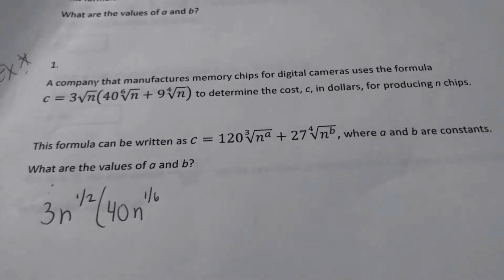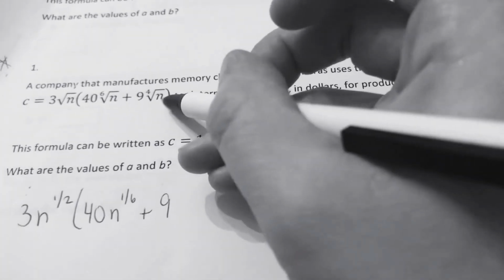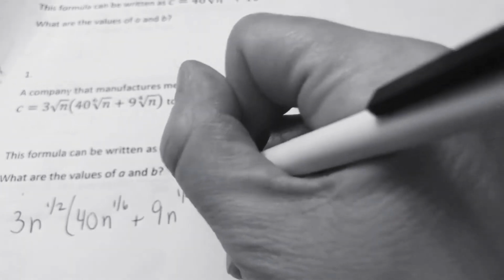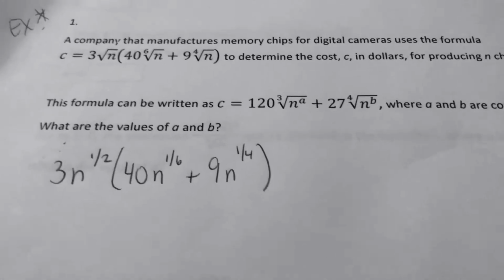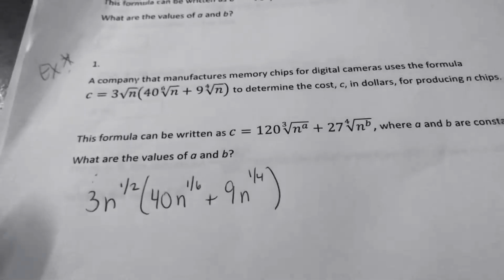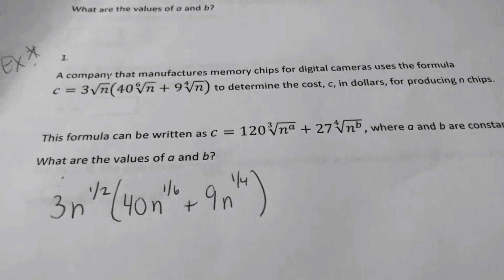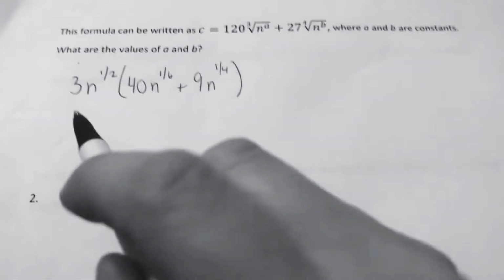I'm going to write this as n to the 1/6, and then plus 9, I'm going to write this as n to the 1/4. Now that I've rewritten it using rational exponents, it's the same exact thing. It's just instead of radical form, I have it with exponents. Now I can distribute.